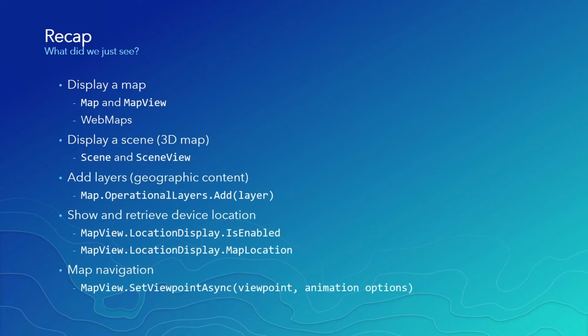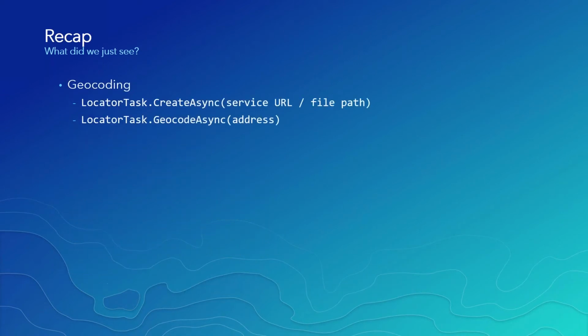We saw how we can move around the map using the map view's set viewpoint async method. And then getting into analysis a little bit, we saw how the locator task makes it easy to do geocoding.